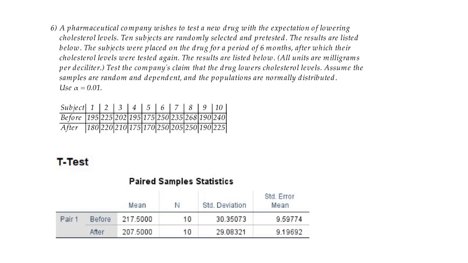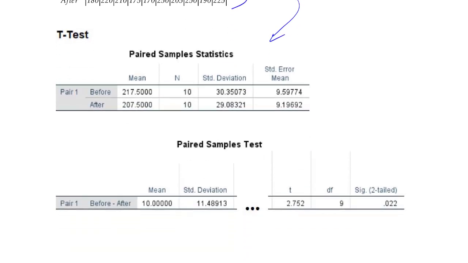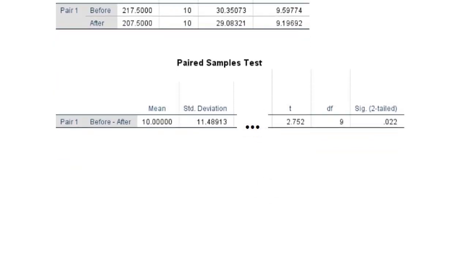Test the company's claim that the drug lowers cholesterol level. Samples are random, and we're using a 1% significance level. So there's the data, which has been used to generate this information from SPSS. This time let's actually set it up first, and then we'll look at what we had.